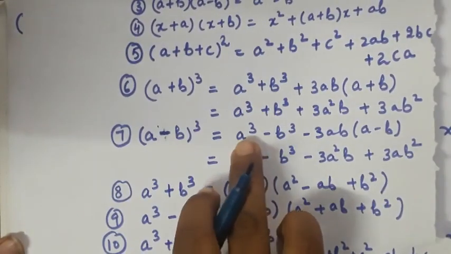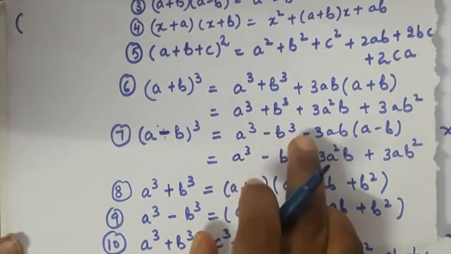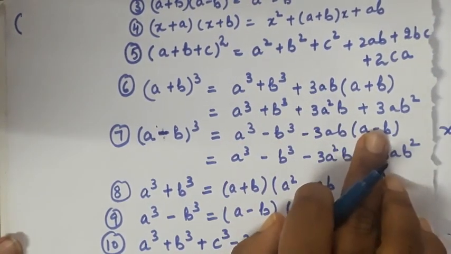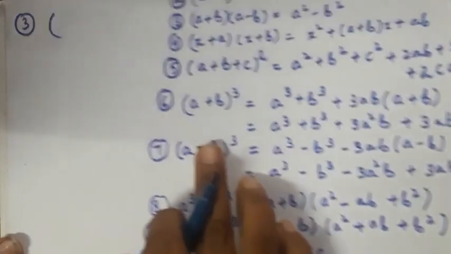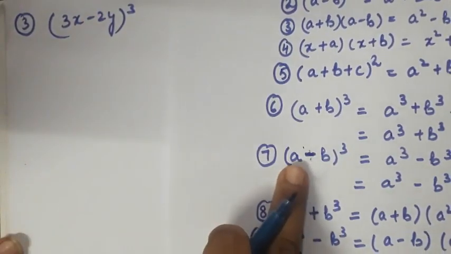which is equal to a³ - b³ - 3ab(a - b). It relates quite well with identity number 7, so we will use this identity only.